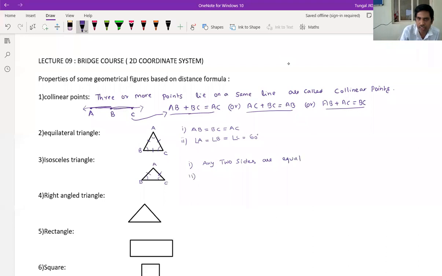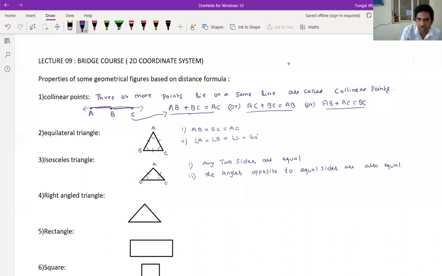Next, the second condition is the angles opposite to the equal sides are also equal.